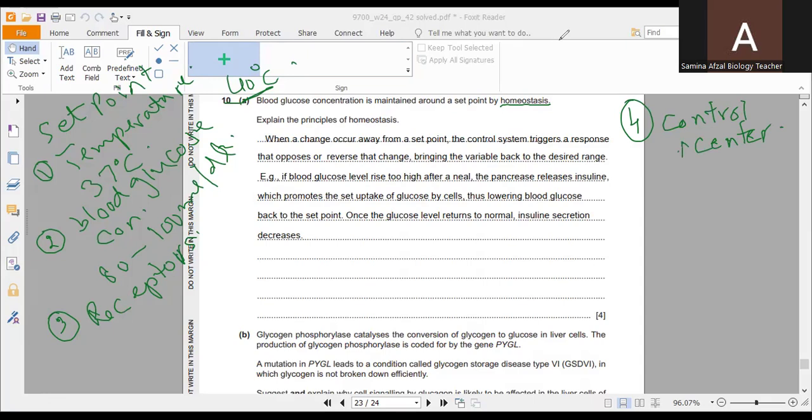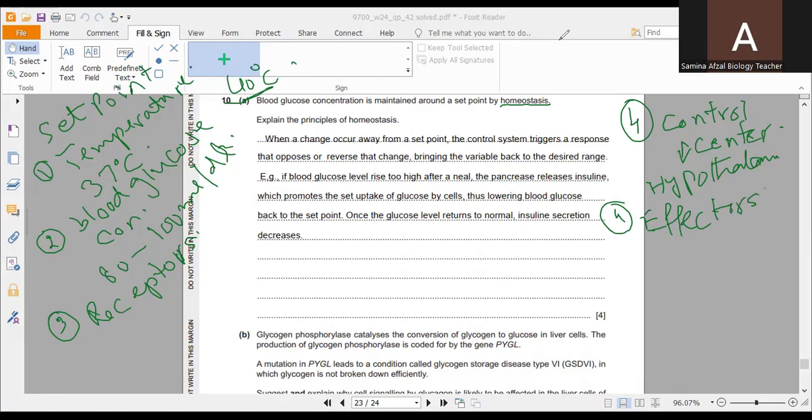The temperature receptors detect the change and the message is sent to the control center, which processes it, and then the message is sent towards the effectors.